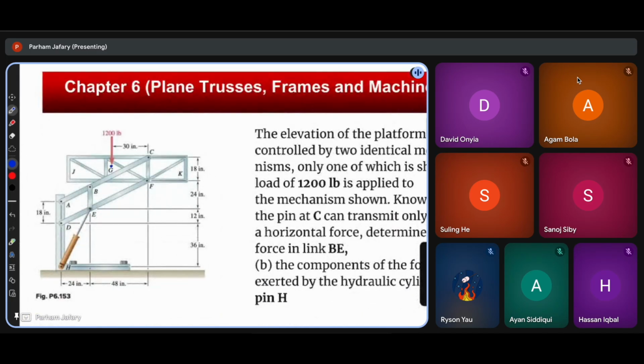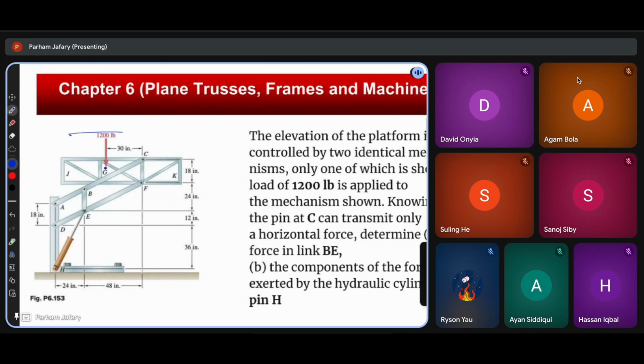So this is to represent if, let's say, we have a weird distribution here, some concentrated force here, I don't know, a moment here, and finally we calculate everything and replace all of them with a single force acting at an arbitrary point.